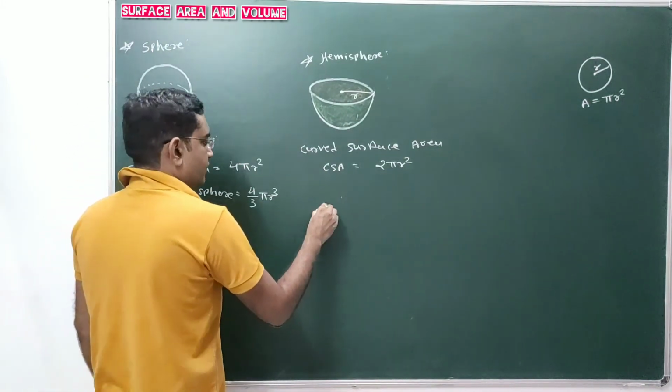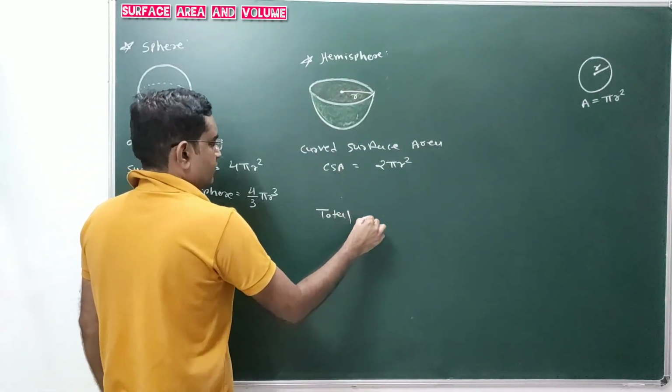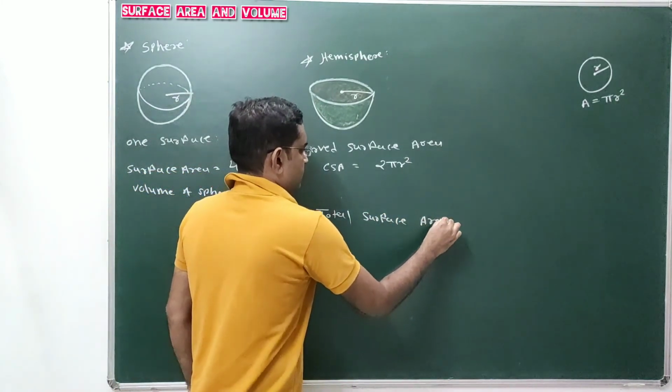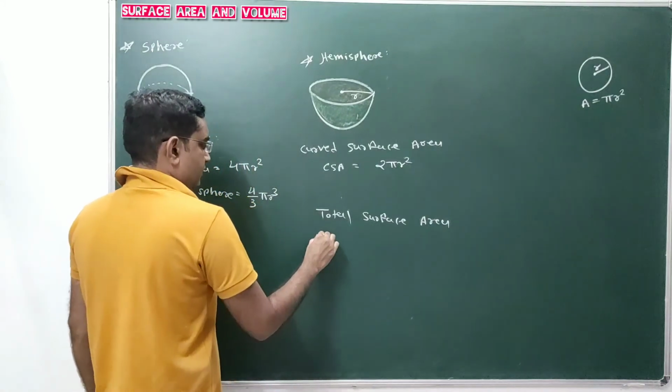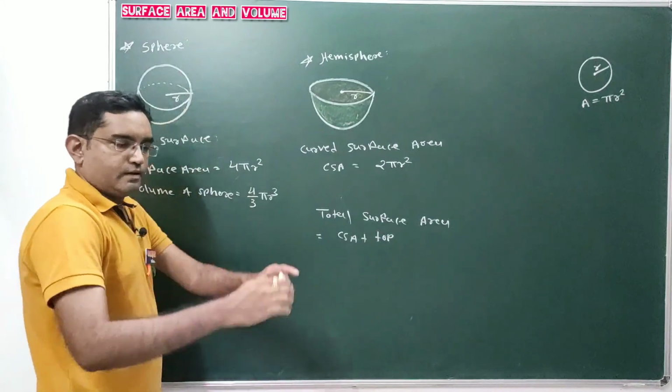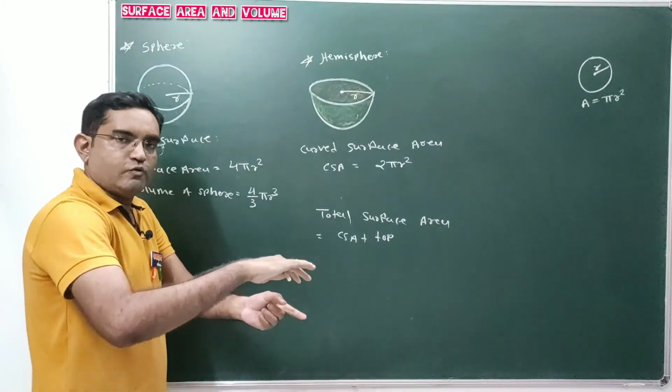If we consider total surface area of hemisphere, it is nothing but curved surface area plus top part, green color plus red color of watermelon.